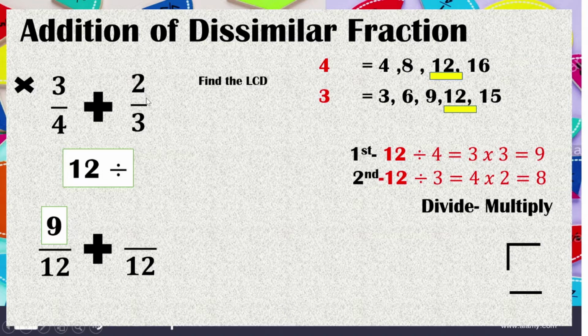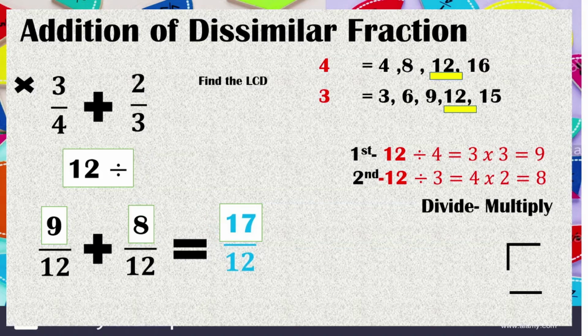So, the answer here is 8. Ayan. So, napakasimple lang pag nakuha nyo na yung numerator. Again, since they are already a similar fraction, 9 plus 8 is equal to 17. Then, copy the denominator, which is 12. Now, our answer is 17 over 12.